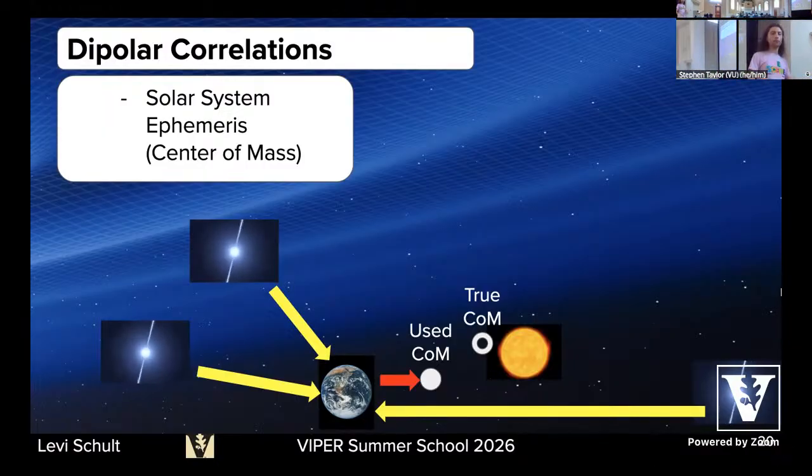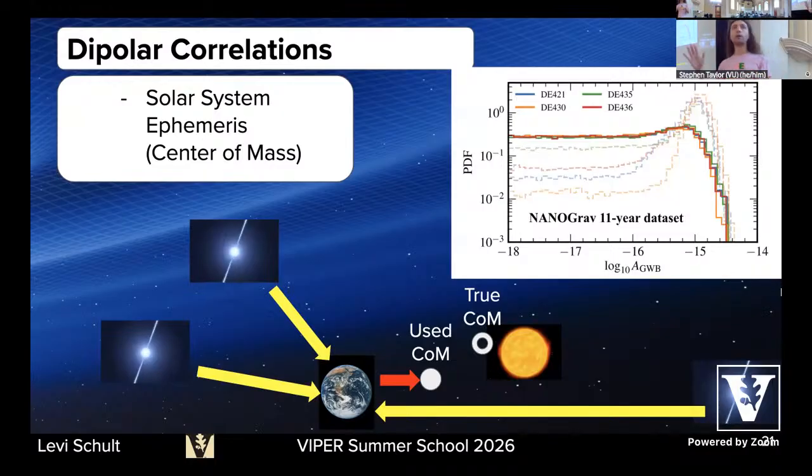And so this kind of uncertainty in the solar system ephemeris, masquerading as a gravitational wave effect, happened in the NANOGrav 11-year data set. So here what you're seeing in the faded dashed posteriors is the posterior on the amplitude for the gravitational wave background using different solar system ephemeris models. So these are using different models for the center of mass of the solar system.